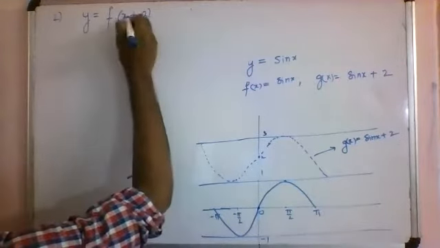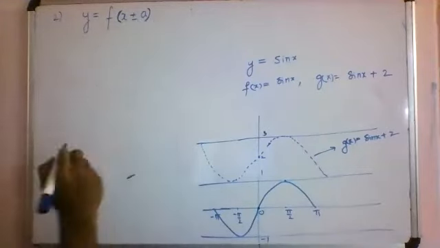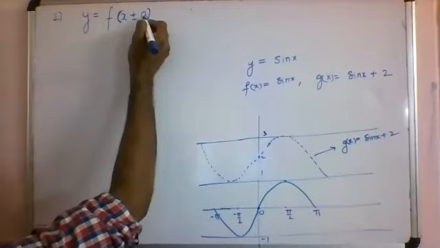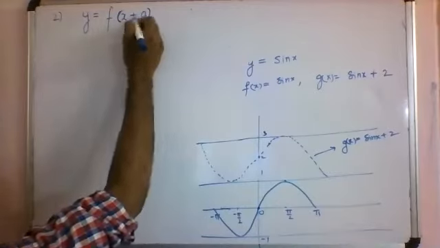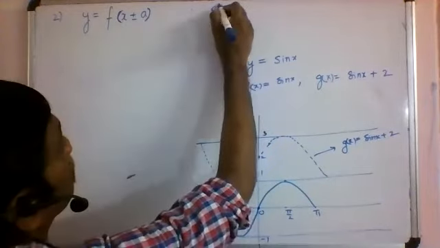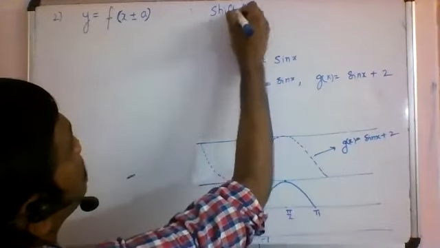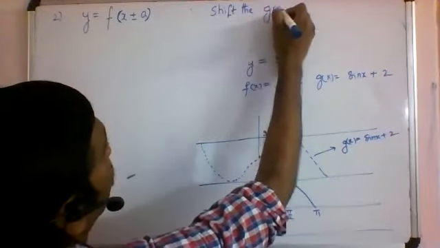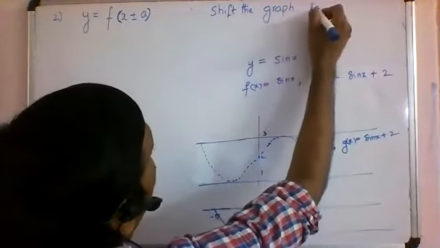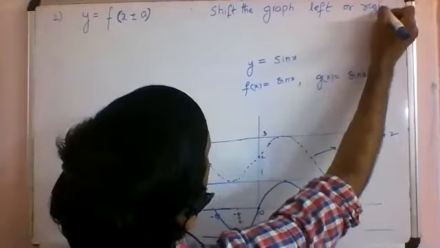So when you see x plus a or x minus a inside the bracket itself, to x only we are adding or subtracting a. Then how is the graph going to be? Shift the graph left or right.